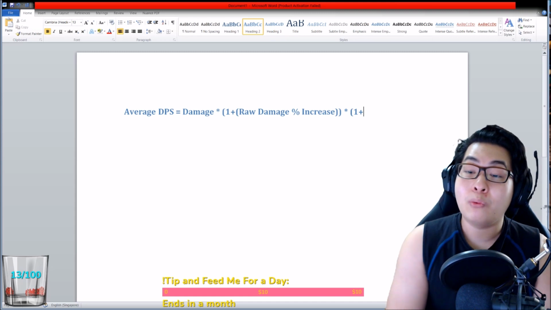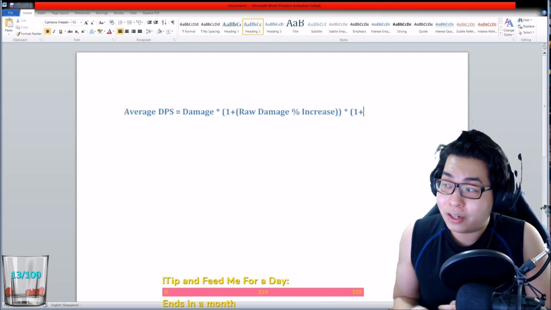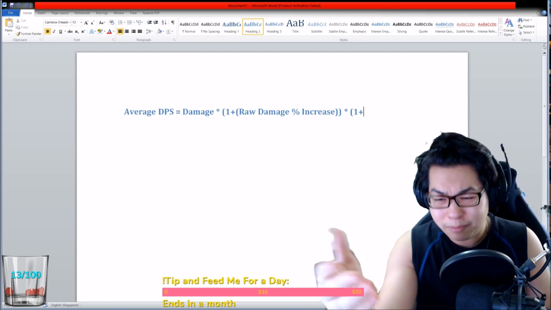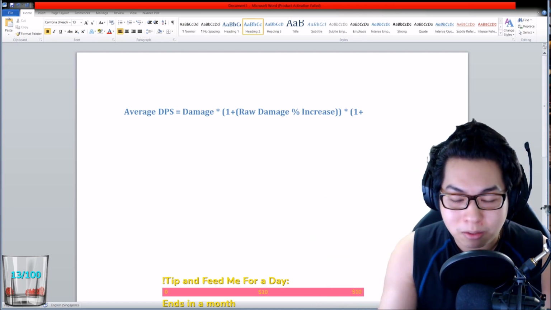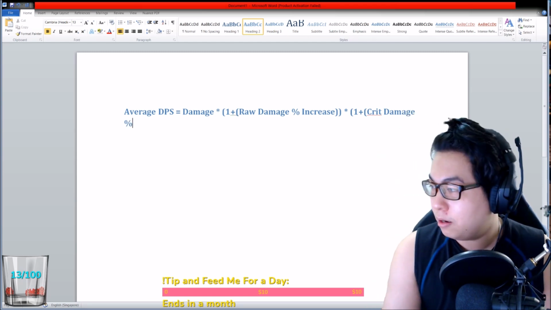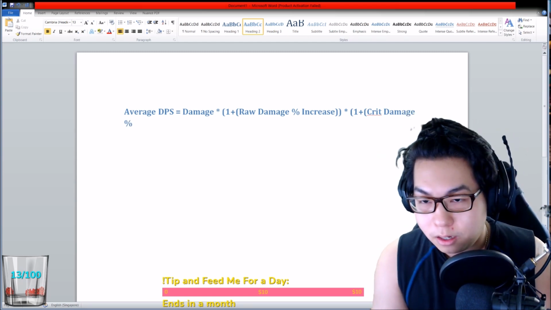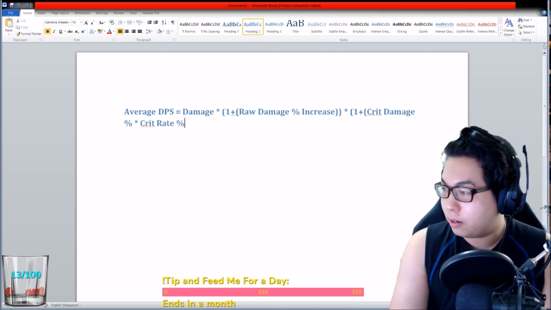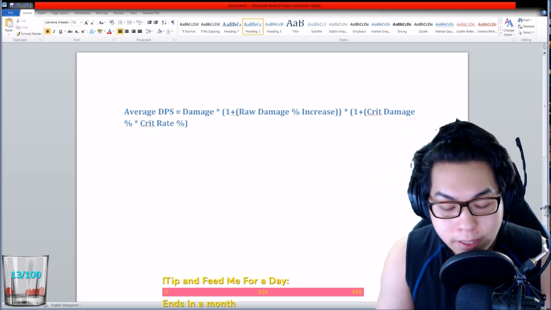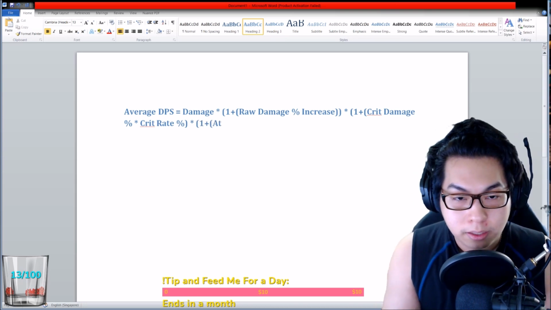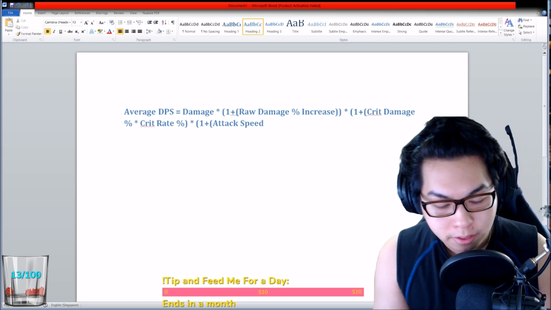The reason the 1 is there is because your crit is either going to do more than 1 or 1, with 1 standing for 100%. You did percentages, right? So this should make sense to you. Crit damage percent, multiplied by your crit rate percent. And then multiplied by 1 plus attack speed percentage.